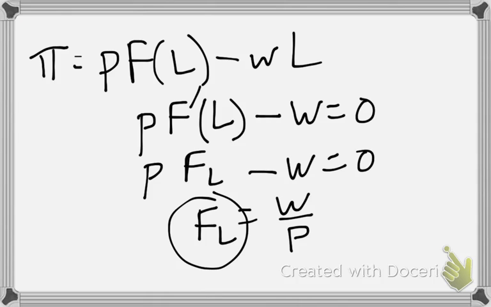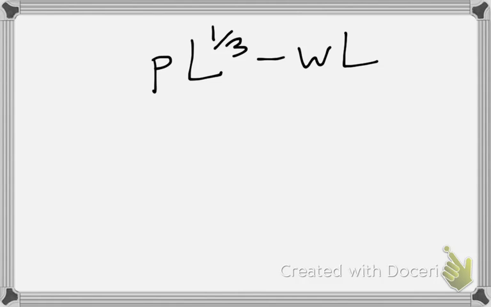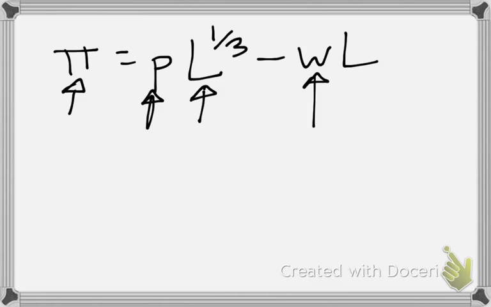Now, if we had a particular functional form for this, we could then solve for the optimal labor demand. For example, suppose that our profit function was given by P L to the 1/3 minus WL. Those are our profits. We could put this in Excel and find out at which level of L the profits are maximized, right? So we could have different levels of L, and we could see when they were maximized if we knew what a value of P was and a value of W was.